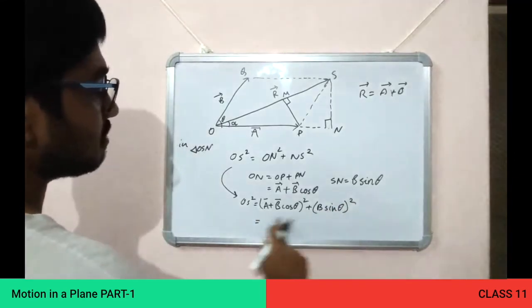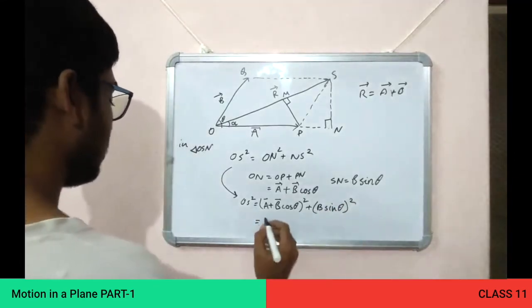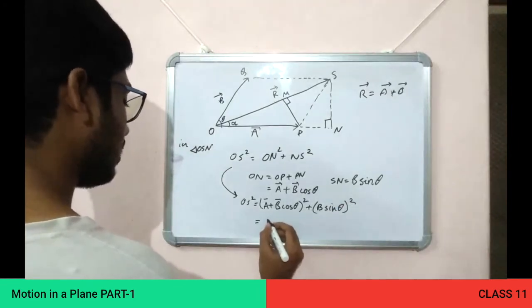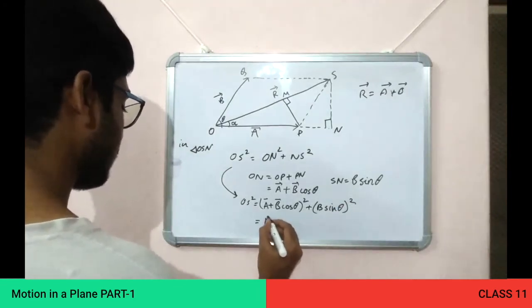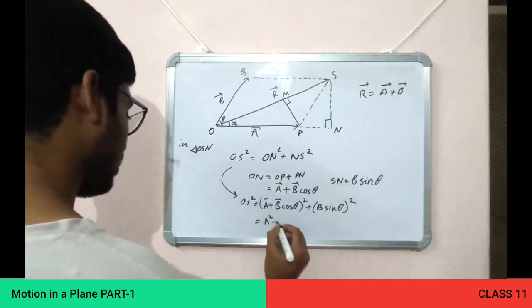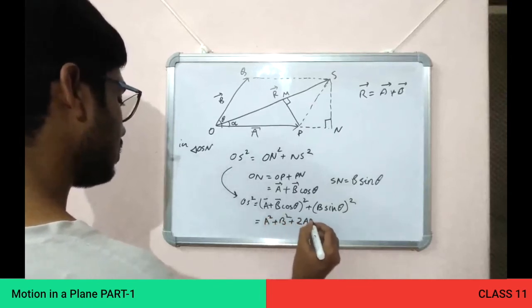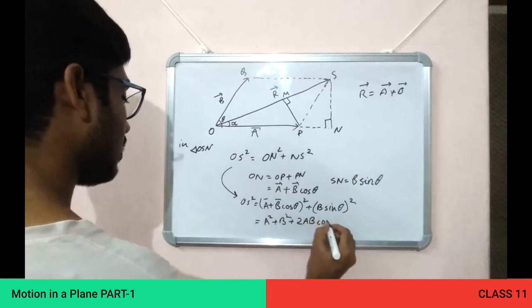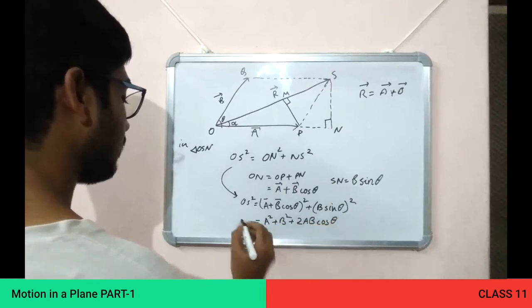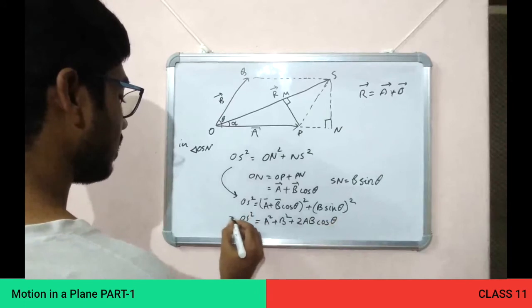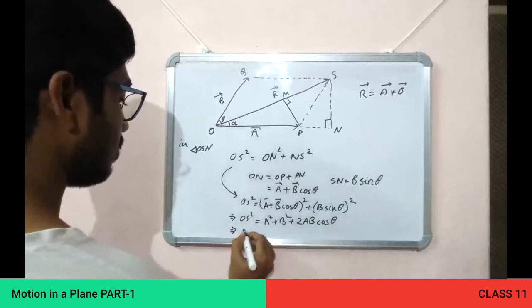If you simplify this, it will be A square plus B square plus 2AB cos theta. This is OS square. Then what is OS?